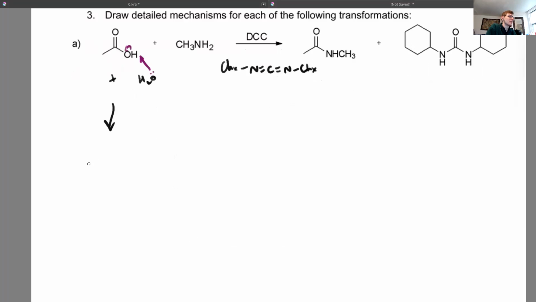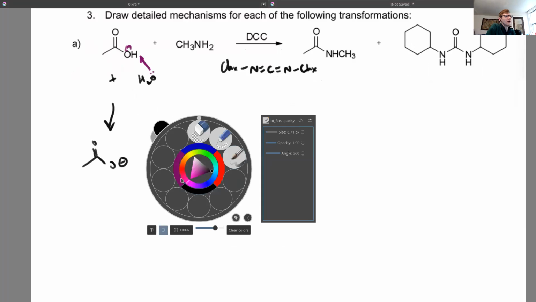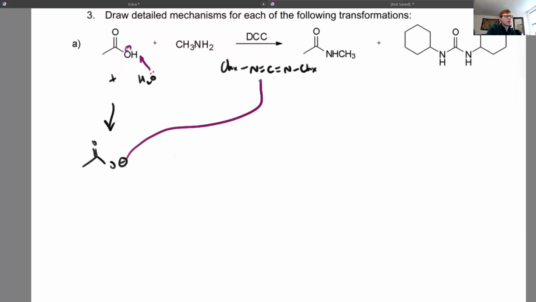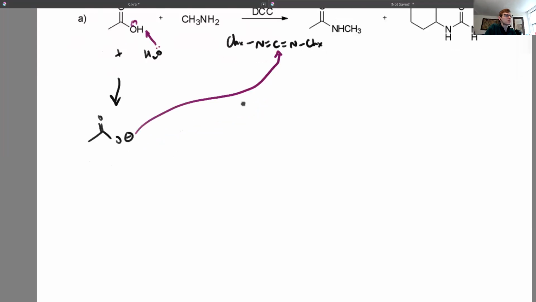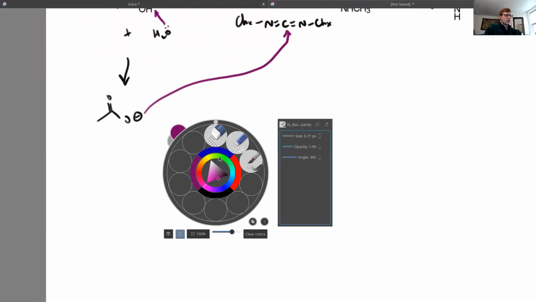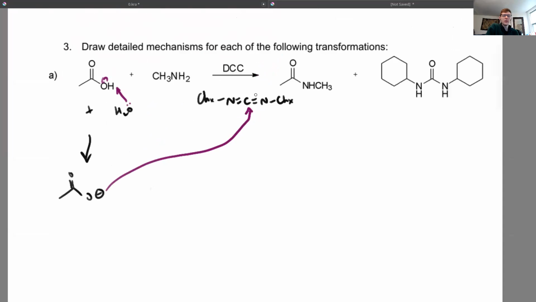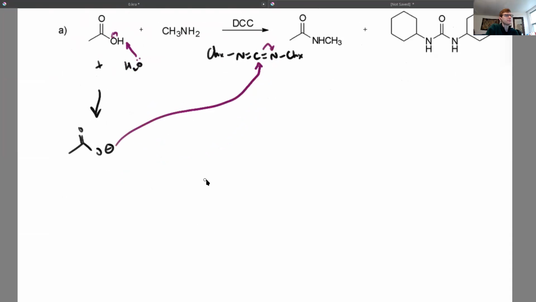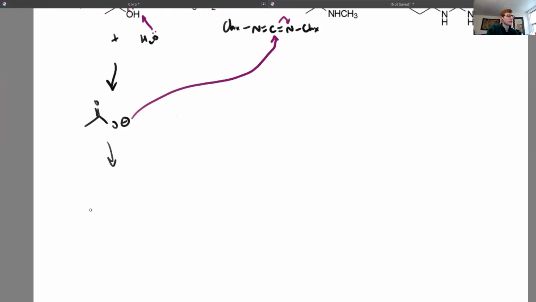We just do the next step. So O-, okay, great. And then this minus will come up here and hit this. And then these electrons will go to one of these two, right? There we go.